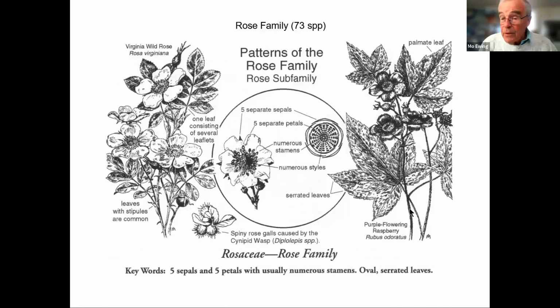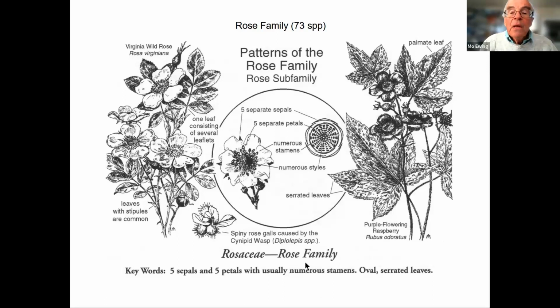Here's a perfect example of the pinnate and palmate leaves. This is a whole leaf here, and these are the leaflets off of it. And here's a palmate leaf with leaflets that all come out of the same point on the tip of the petiole. I'll call it the petiole anyway.